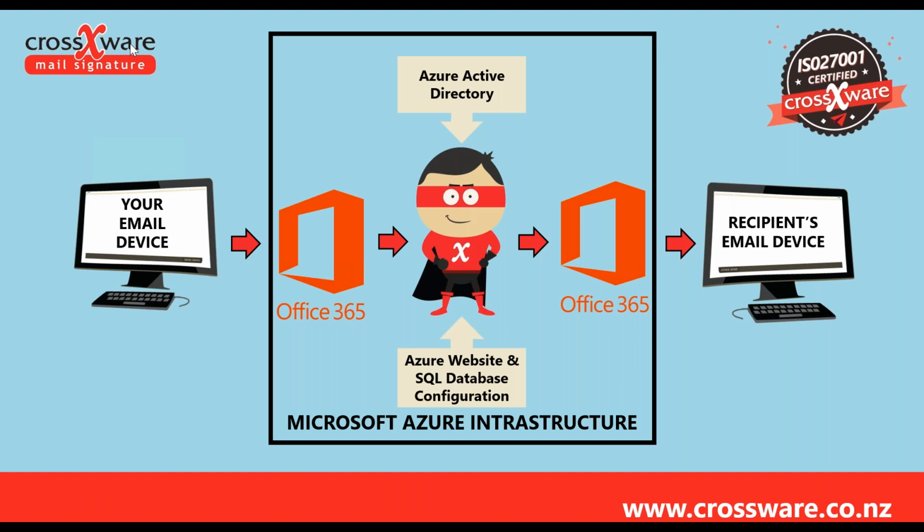We will use the information we can read from your Azure Active Directory, such as the first name and the job title, and dynamically add that data to your signature. The email is then sent from your Microsoft Office 365 tenant for delivery to your recipient.